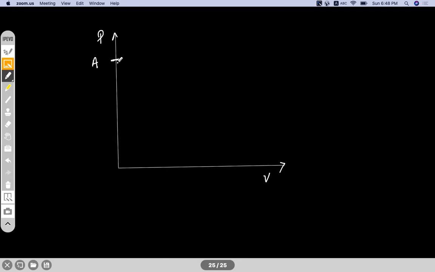Now, when you put the 4 kg block, all of a sudden the pressure will come down, right? It is state B. And in this process, the expansion takes place, right? And the graph will go like this.